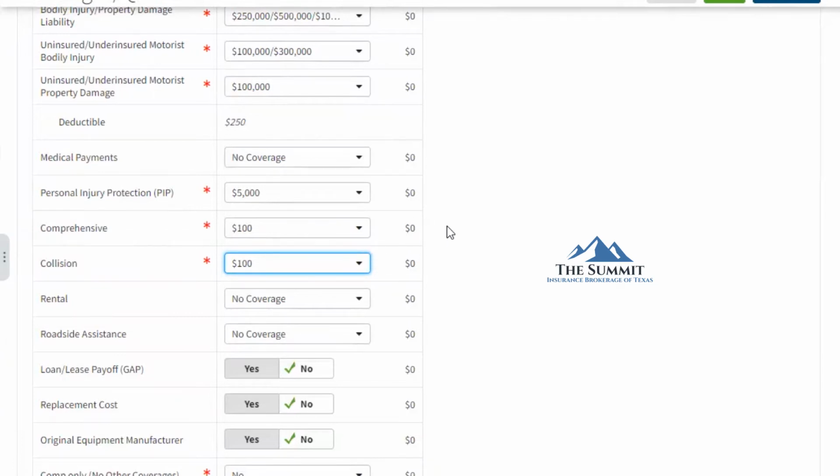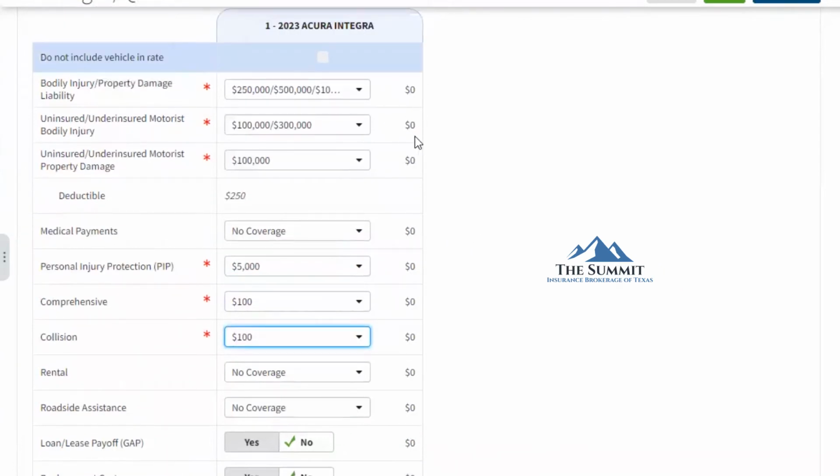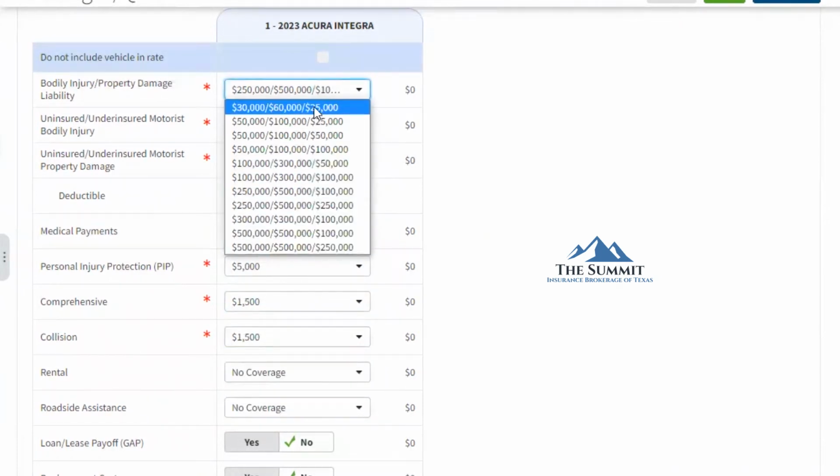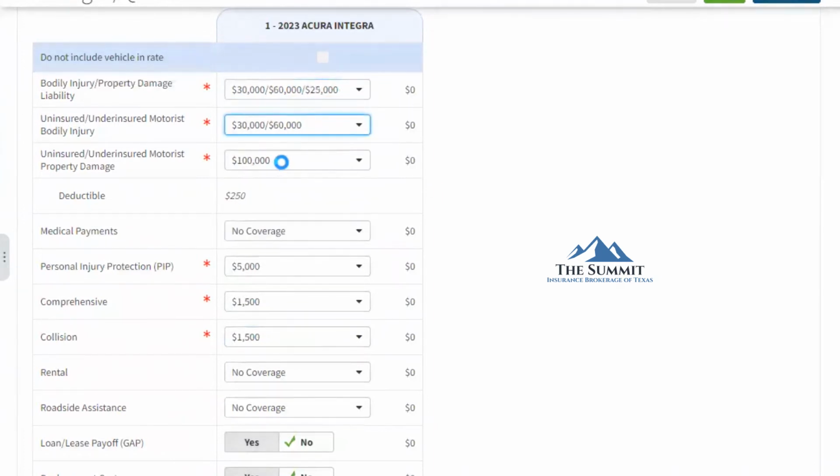a generalized term to mean that you have some type of liability limits and some type of comprehensive and collision coverage. So theoretically, you can have a $1,500 deductible with state minimum liability limits, and this would essentially be full coverage in the general use of the term.